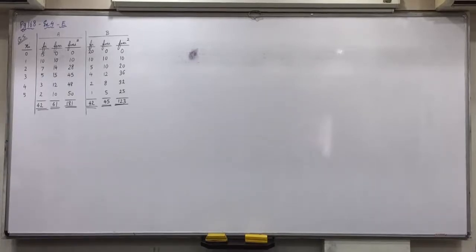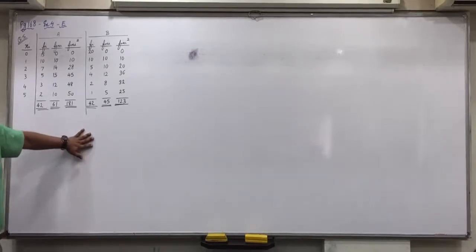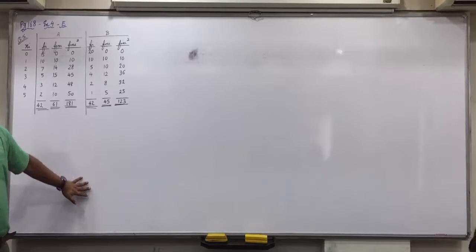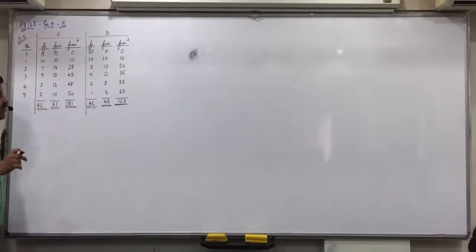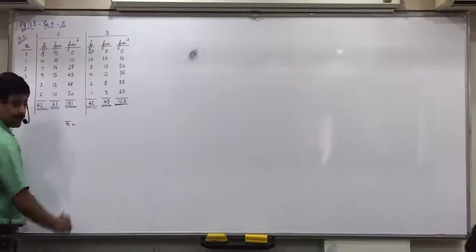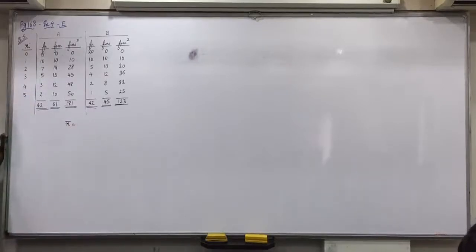Now the procedure is the same. First we will find x bar, then s, then CV. First of all for x bar, now this is a discrete frequency distribution. What formula will you use for x bar? We studied it in the last chapter, chapter 3.